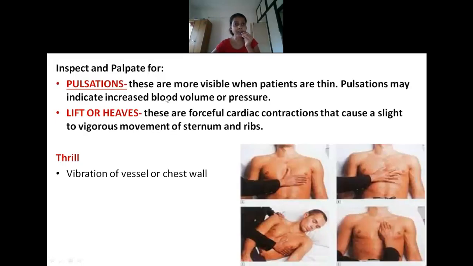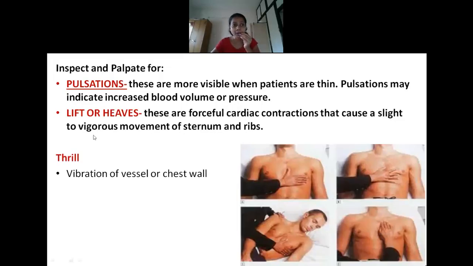Pulsations are more visible when the person is thin, and they are abnormalities. They show that there is increased pressure or increase in volume. How will you do it? Place your hand on the point of maximum impulse or apical pulse. Normally you will not feel it. Only in abnormal conditions will you feel the pulsations.